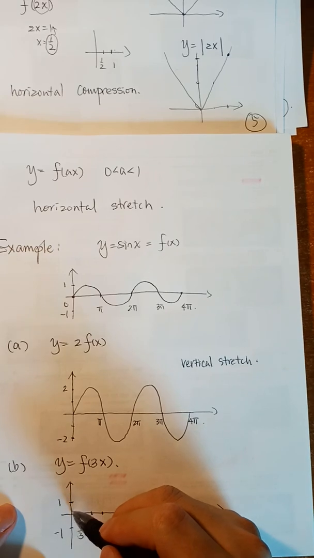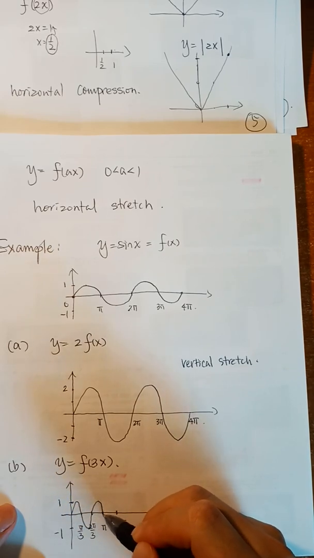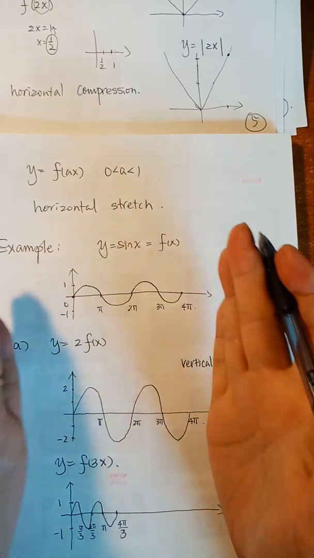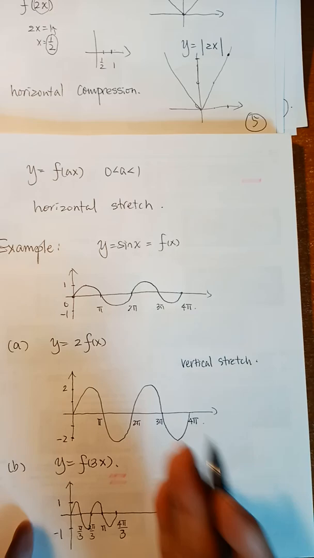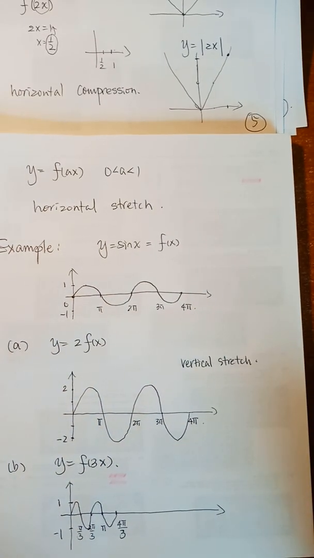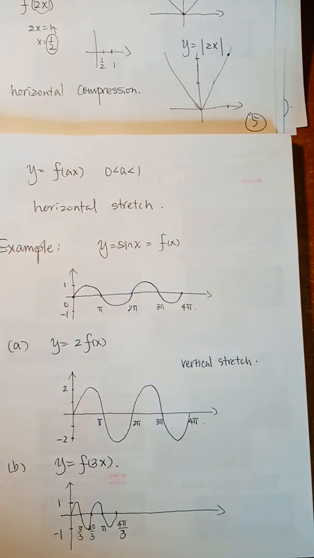You kind of just compress the graph of the function to this new domain, 0 to 4 pi over 3. So you really just compress it to the smaller domain.